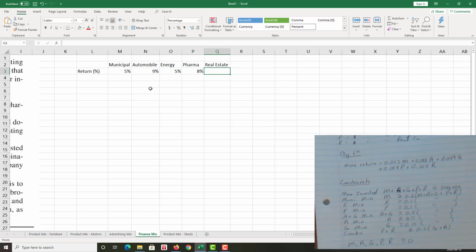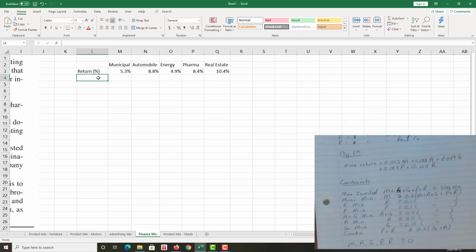We'll increase the number of decimals when we're done. 0.4. Okay, so we have to the 10th place. So I'm going to go over to the increase decimal item on the ribbon tab. I'm going to increase that to 1 decimal spot. The rates of return aren't any more detailed than 1 decimal. So now we're all set and everything is represented accurately.